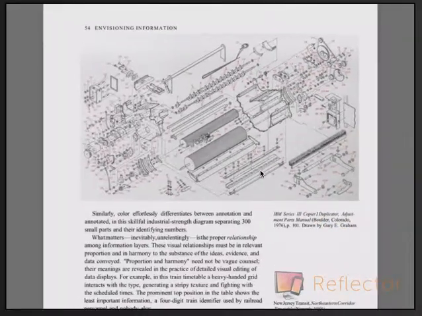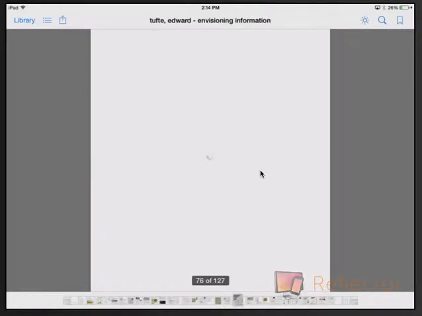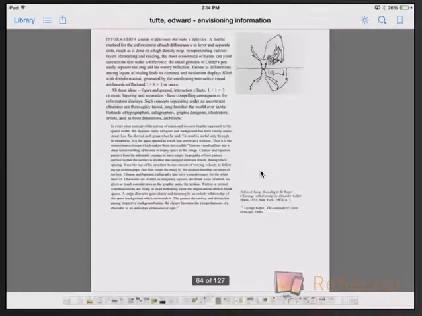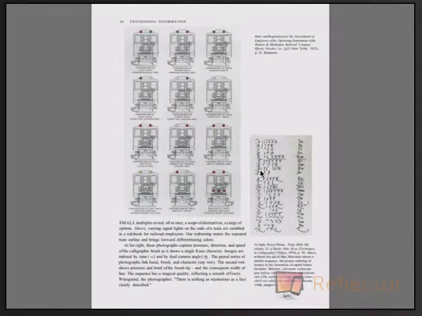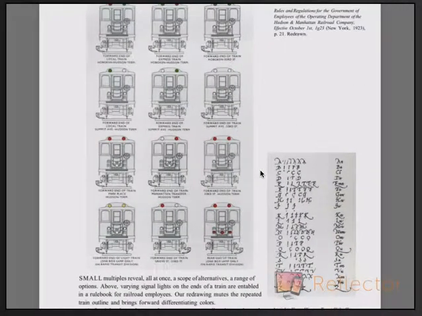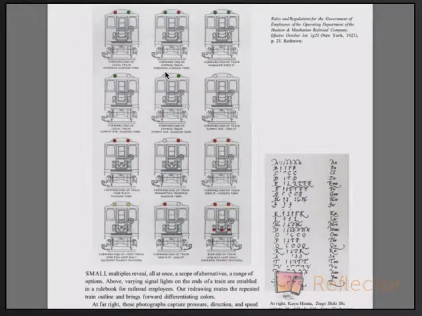The next chapter was on small multiples, which is taking information and portraying it together relative to the same setup, where you get a deeper understanding of the discrimination. This is from the Hudson and Manhattan Railroad Company.